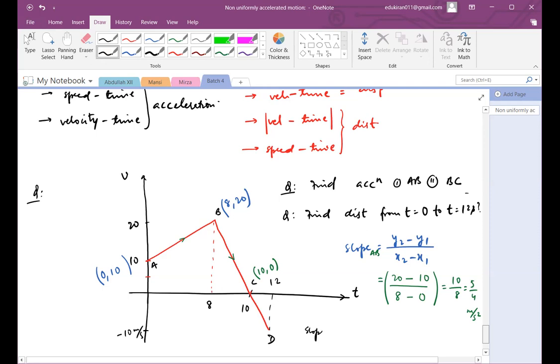Let us try to calculate the slope of BC using the same formula. Raza, just check your calculation, there is some error in sign. Minashi, your answer is correct. Etisham, your answer is correct.